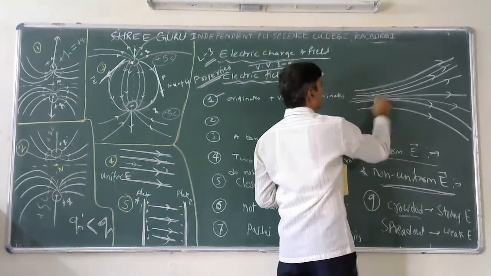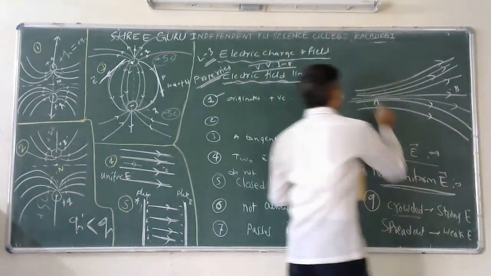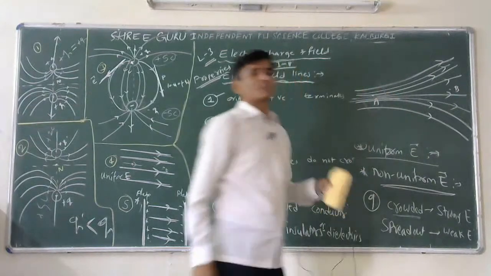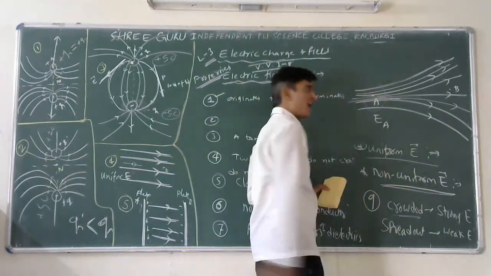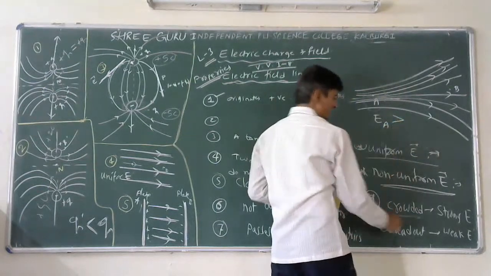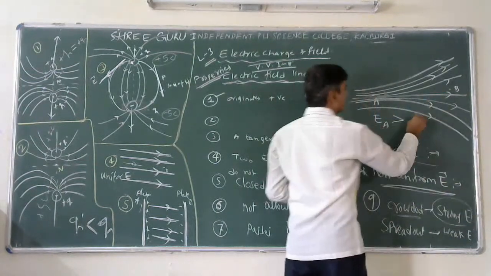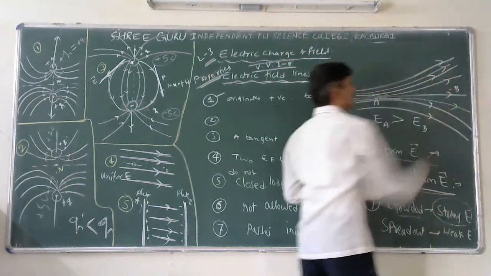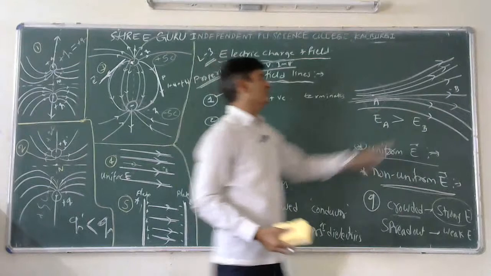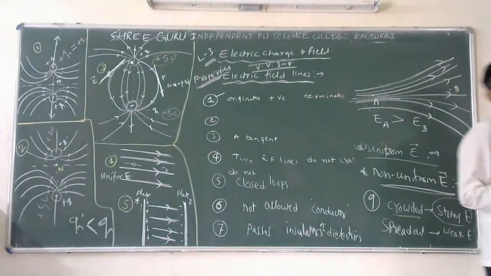Let us say this has point A and this has point B. And here electric field lines are much more crowded. That means electric field intensity at the point A is stronger than the electric field intensity at the point B. At the point B, electric field lines are spread out, so the electric field intensity at this point will be less.